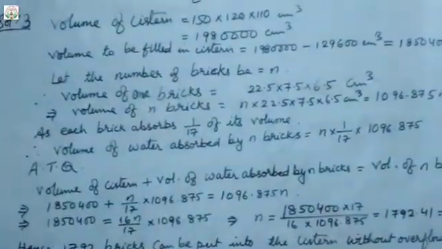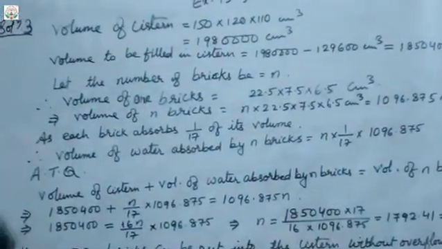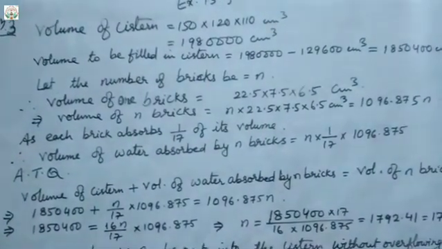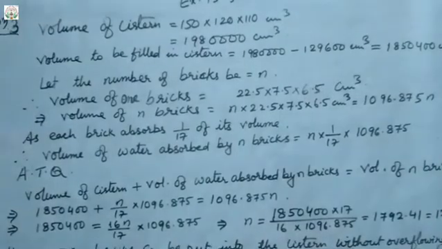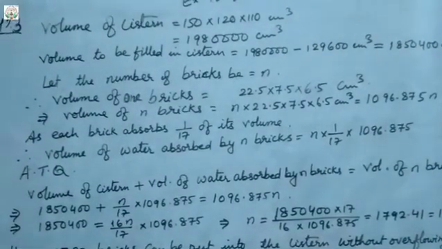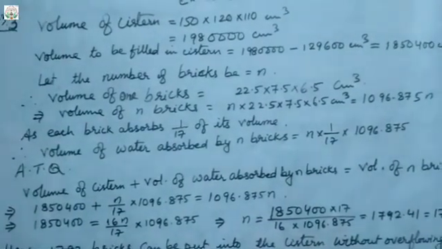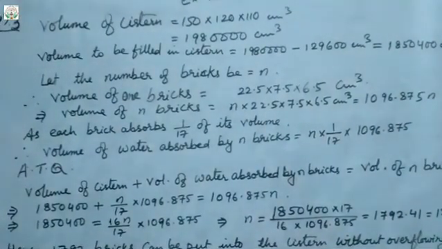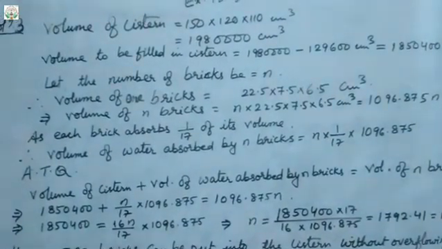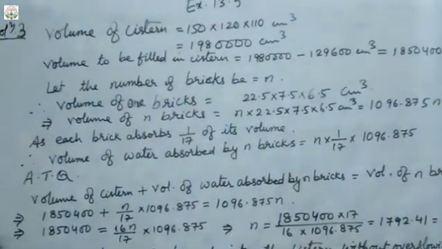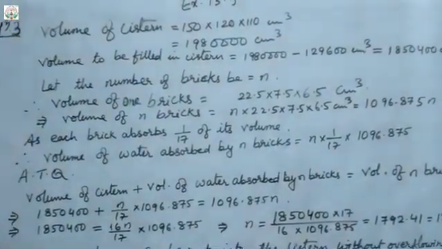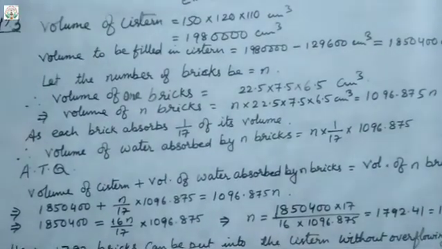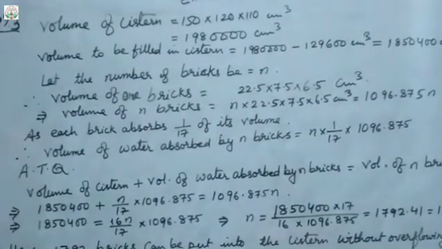How many bricks can be put in that cistern without overflowing the water? Each brick measuring, the dimension of the brick is given as 22.5 cm into 7.5 cm into 6.5 cm. Okay, now let us see the solution for it.